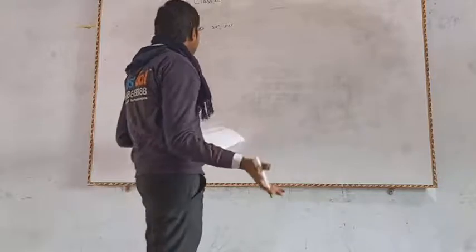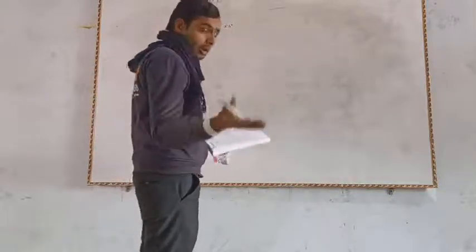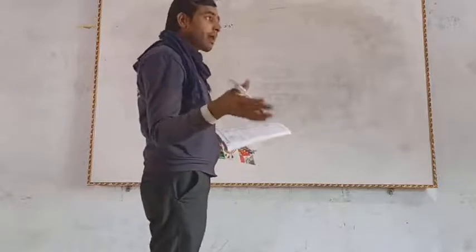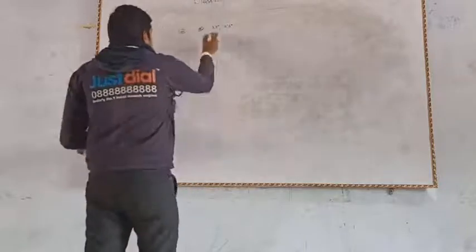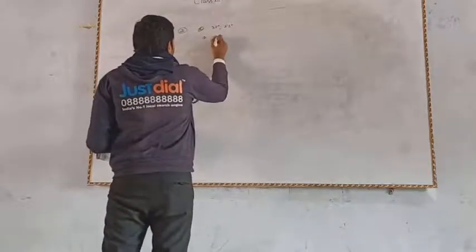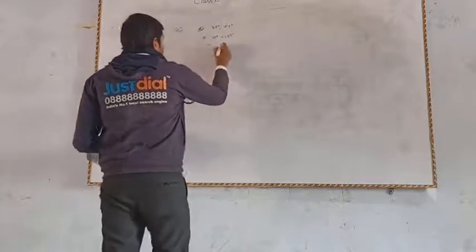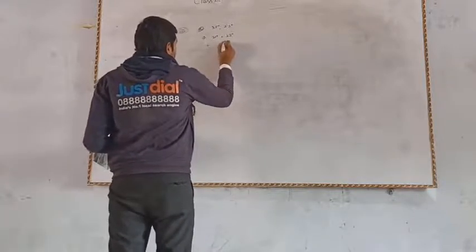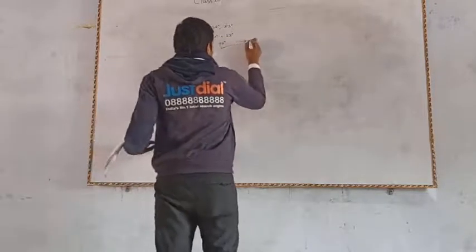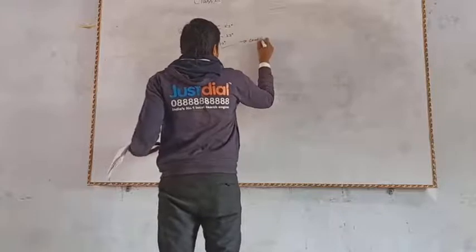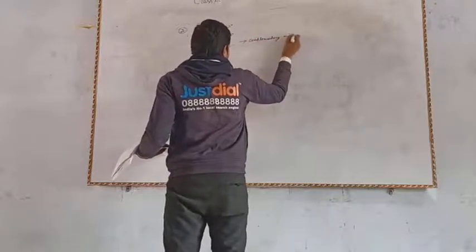I told you already that if the sum of any two angles is 90 degrees, that is called complementary angles, and if the sum of any two angles is 180 degrees, that is called supplementary angles. Here 35 degrees plus 55 degrees is equal to 90 degrees, so they are complementary angles.